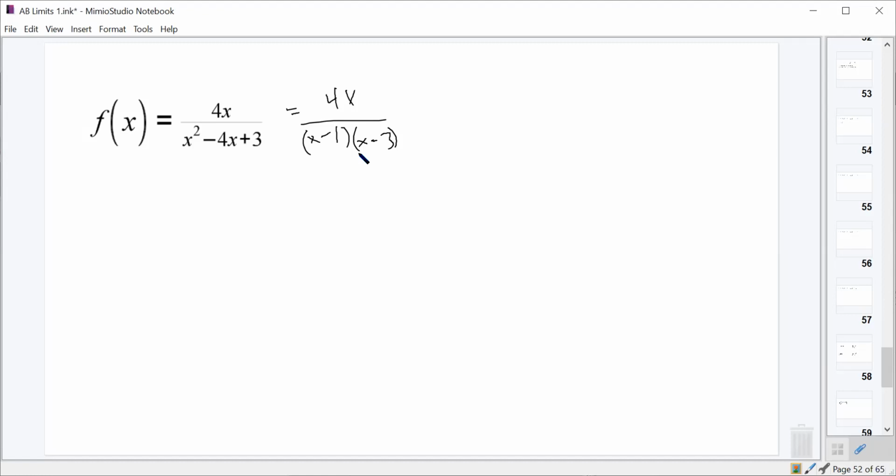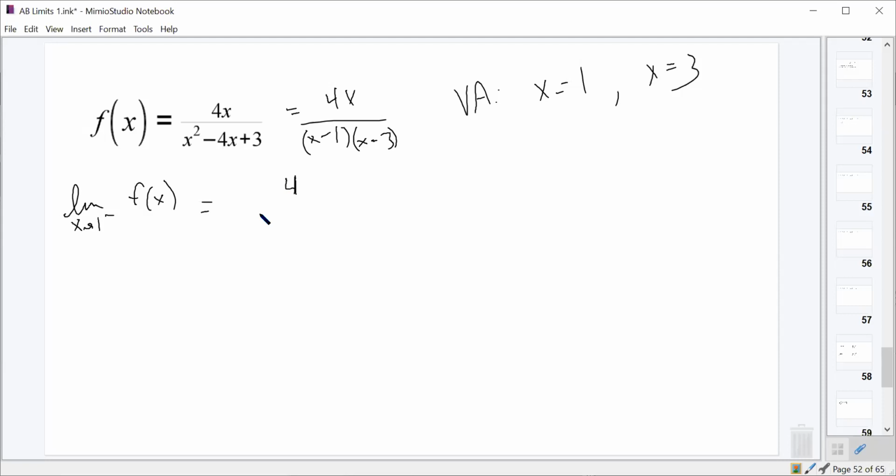So, do you guys want to do the asymptote at x equals 1 first or at x equals 3? x equals 1. All right. Limit as x approaches 1 from the left, we'll say. So if x is approaching 1, what is 4x going to be about? Should be very close to 4, right?